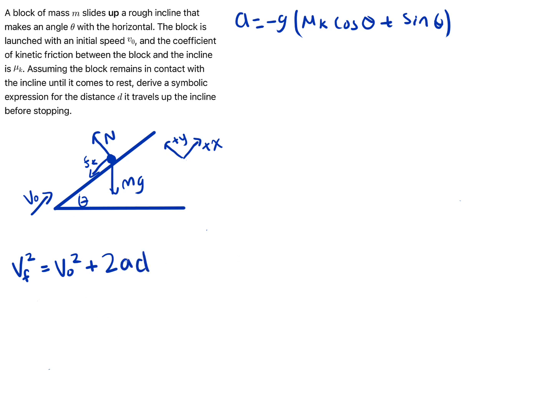And it's important to note that this equation assumes that the acceleration is constant, and from this derived expression, we know that g is a constant, mu k is a constant, and the angle theta is also a constant. It doesn't change as the block moves. And that's why we can use Newton's laws to find the acceleration and then use the kinematic equations. It's because the acceleration is constant.